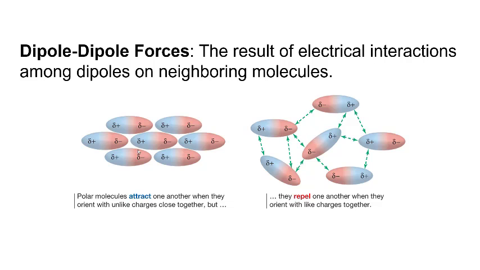So these individual molecular dipoles can attract each other. On the flip side, we can also see a net repulsion if they are organized in a fashion where our partial negatives are close to each other and our partial positives are close to each other. So this dipole-dipole interaction is a balancing act between the highly structured order that has attraction versus the random disorder that can have more repulsion. So it's a balancing between the two.